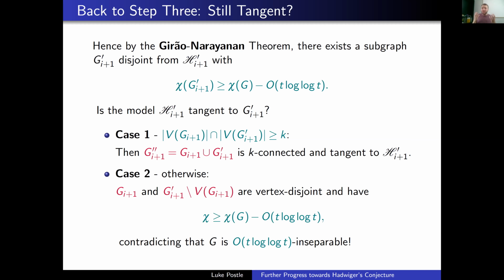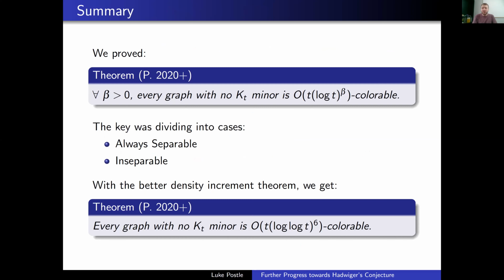So now we find 2 vertex disjoint subgraphs that don't lose too much from the original, and that's actually separable then, right? So we hadn't used the inseparability at all throughout this proof until this very last moment where we find these 2 high chromatic subgraphs, and that gets you a contradiction that you're actually t log t inseparable. So that concludes the proof.